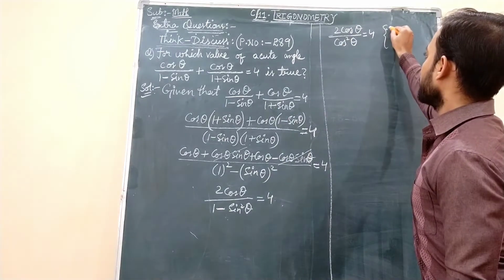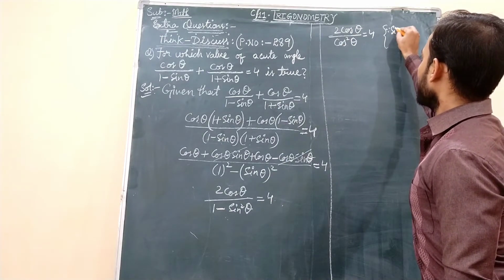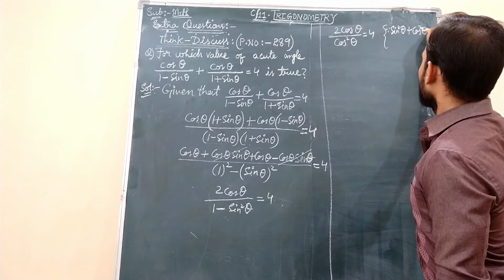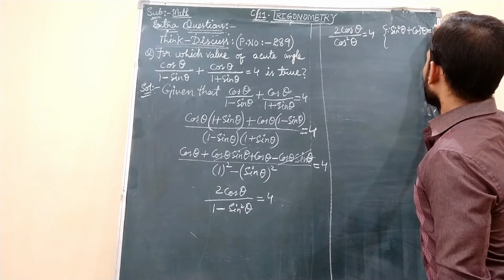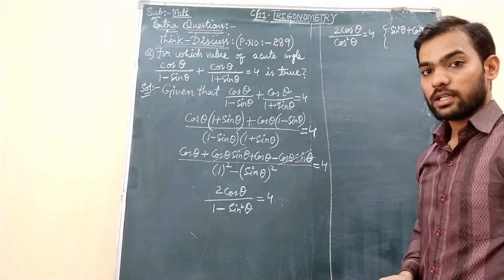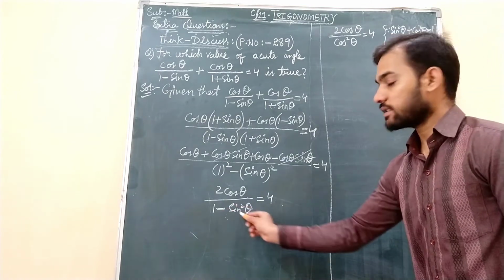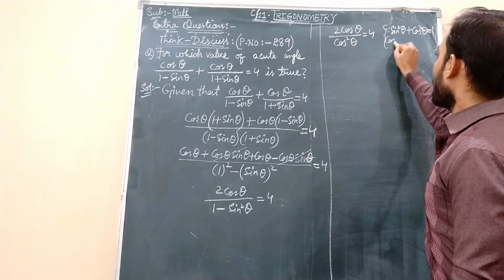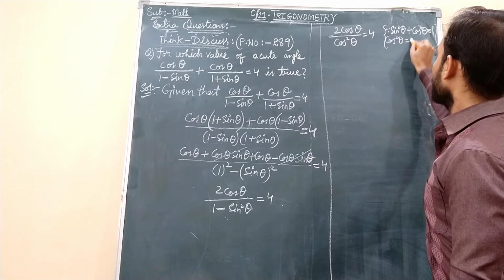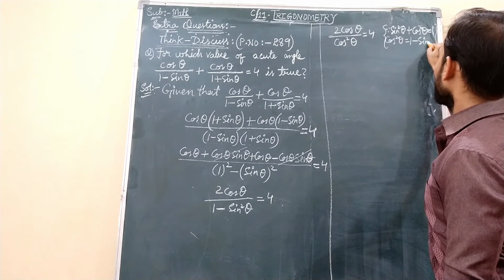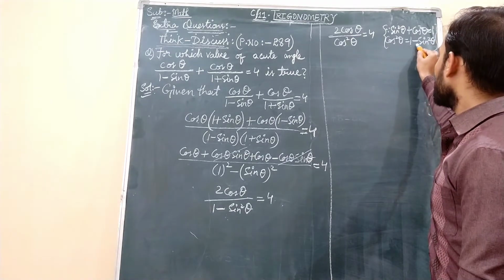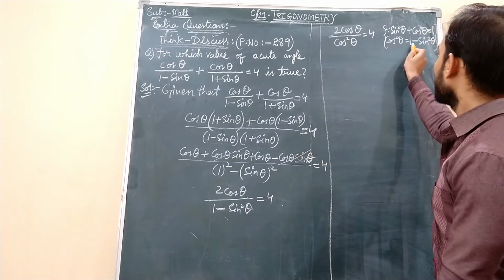Our first identity, I said, that is sin square theta plus cos square theta equals 1. Okay students, we want the value of 1 minus sin square theta. So I will transpose this sin square theta this side. So I will get cos square theta equals 1 minus sin square theta.